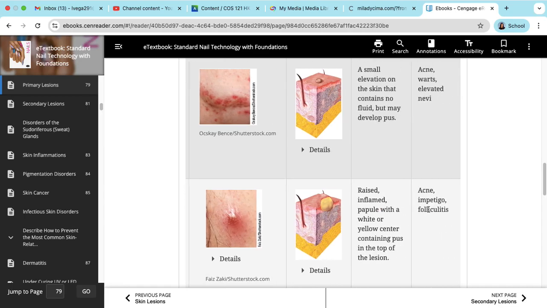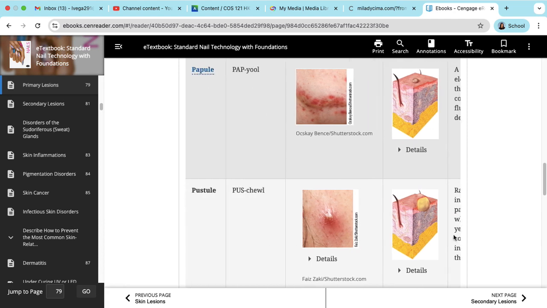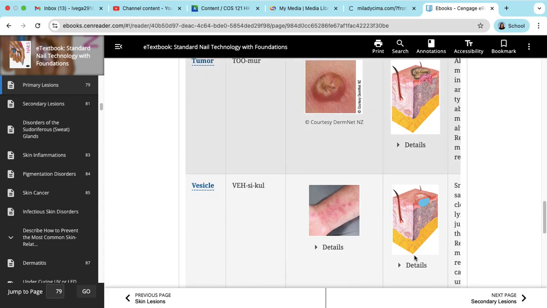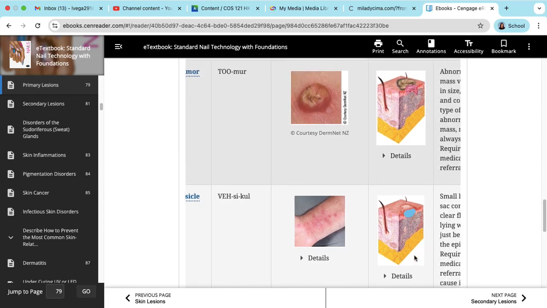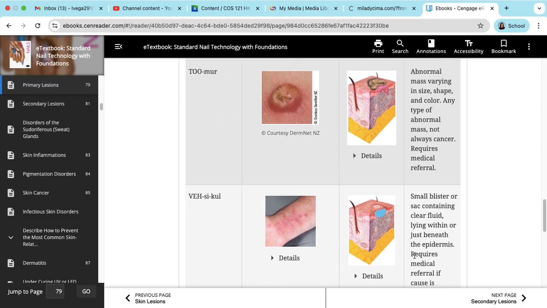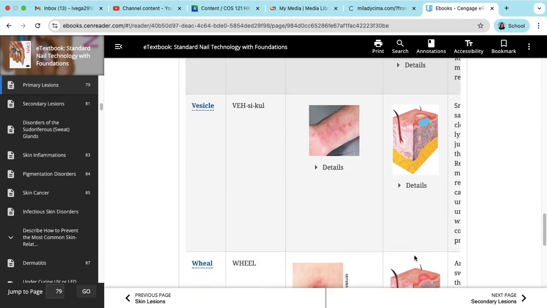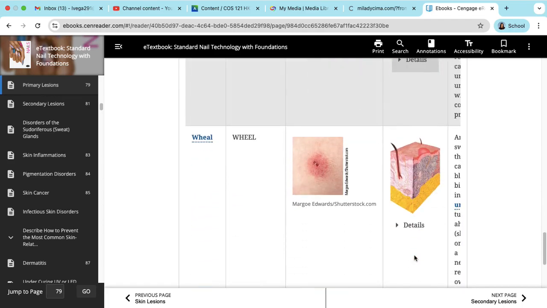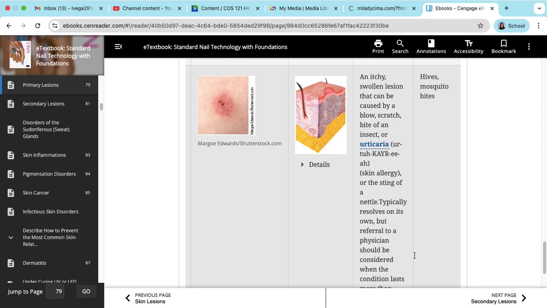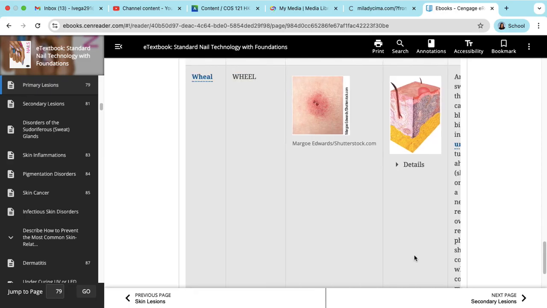I'm also going to the side so you can see and read through. Tumor, vesicle. A tumor is cancer, okay? Wheal. It can be caused by a mosquito bite.